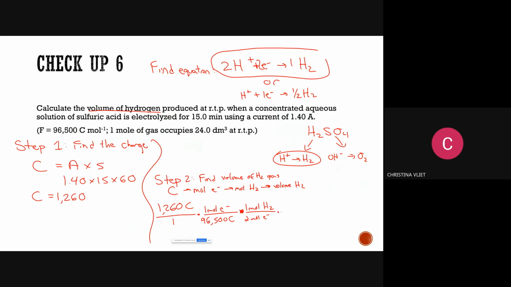And then, I'm not done. What do I need to change hydrogen to? Out of moles and into what? Volume. 24. What's the right number to use? There's 2 of them. Are we in STP or room conditions? Room conditions. So the right number to use is 24. So 1 mole H2. And where do I find the 24? Where do I find that number? It's also on this paper.